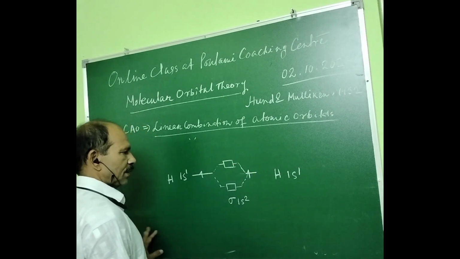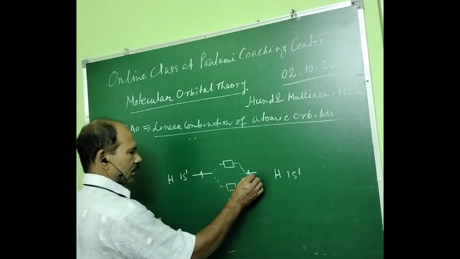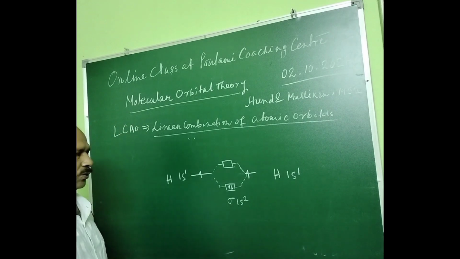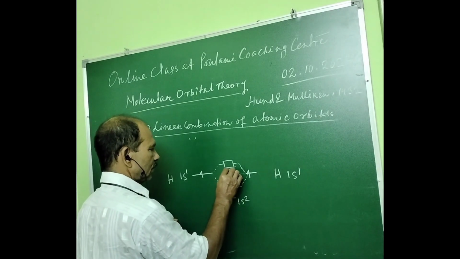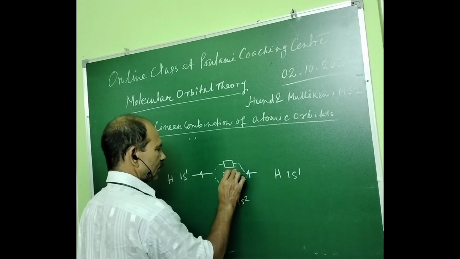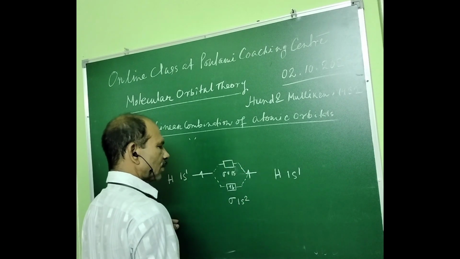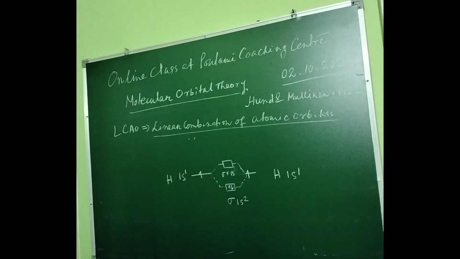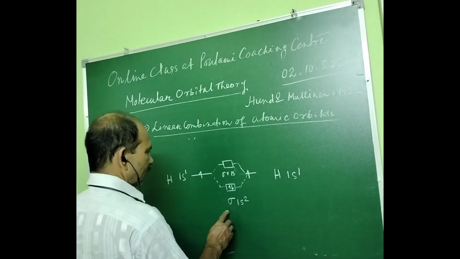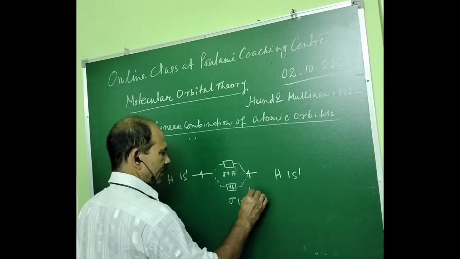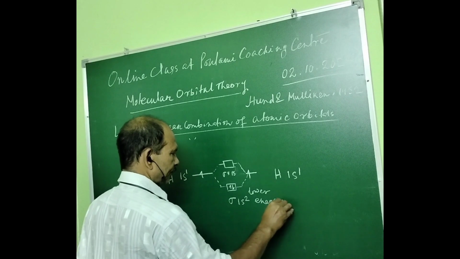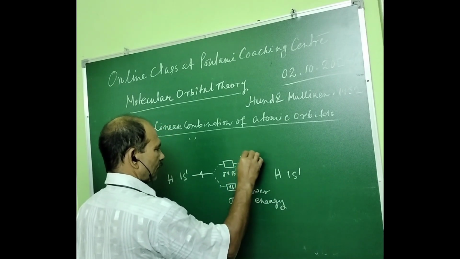In the antibonding molecular orbital, these two electrons occupy the sigma 1s 2, but not sigma star 1s, because according to Hund's rule the electrons will occupy the orbital of lower energy. This is of lower energy, and this is of higher energy.